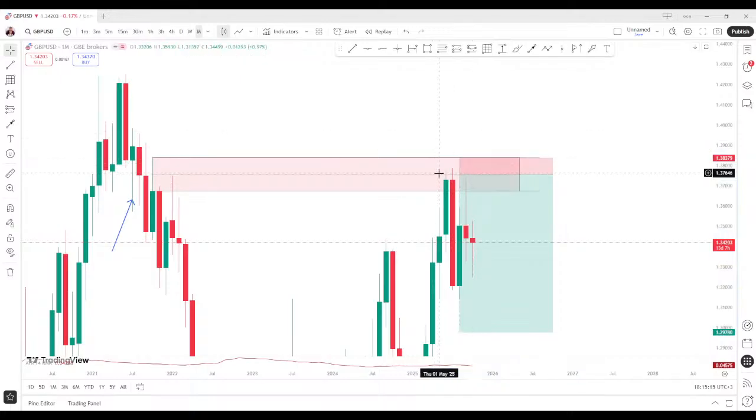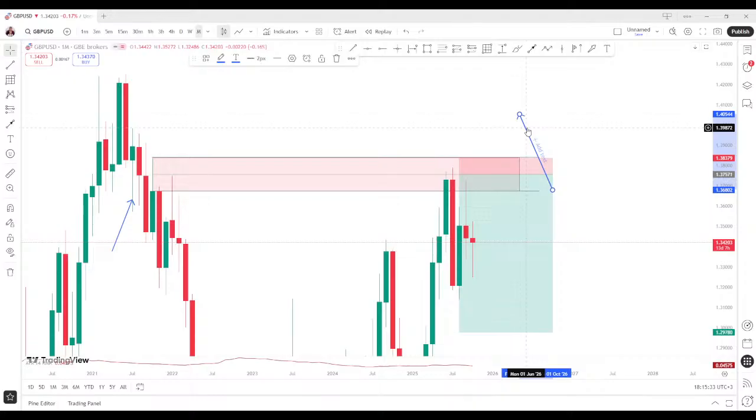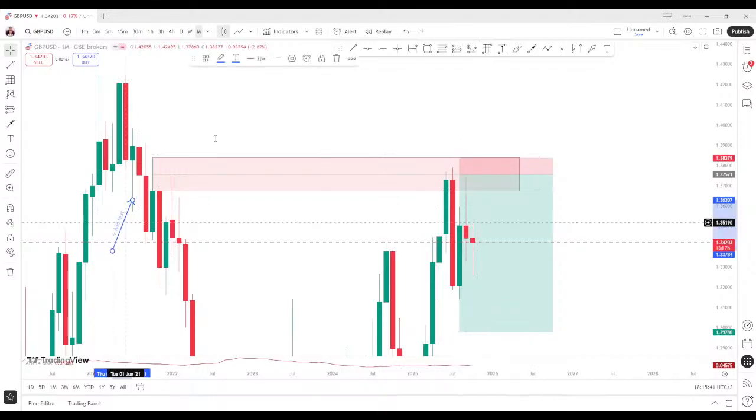So this order block here, or this move here, mitigated what? The 50% of that week. That means we don't have any other business going up unless the market wants to change character. We have no other business for this market to go up because everything has been mitigated.